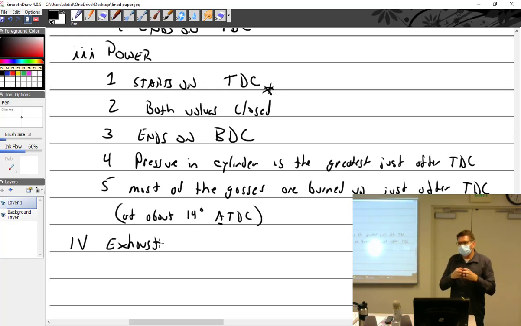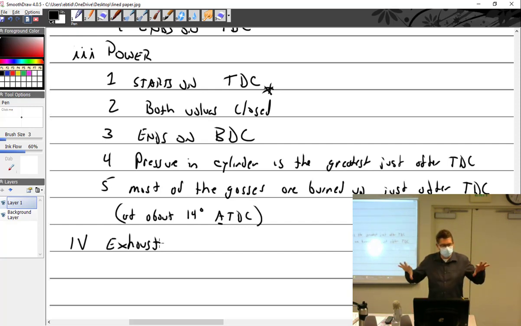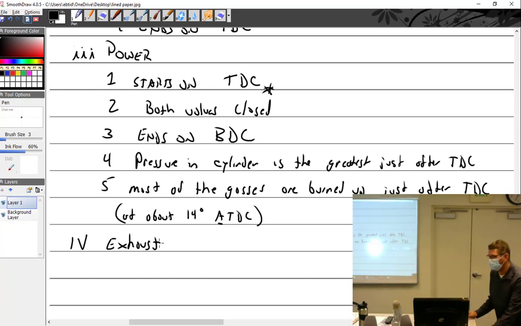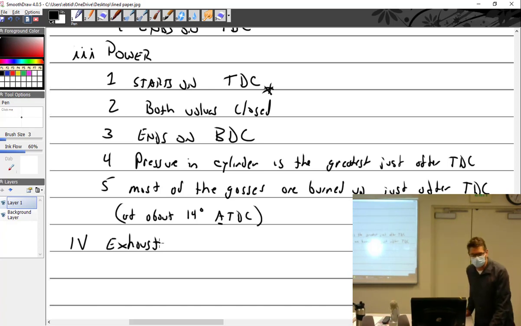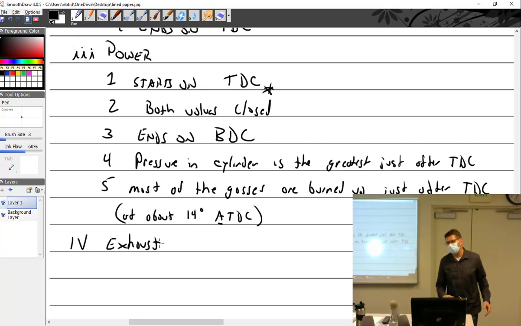It ignites while the piston is still coming up and compresses everything. It starts this flame front of burning. It's not an explosion by any means. If it is an explosion, something bad has happened and you are going to damage the engine and could have a catastrophic failure. It's an actual burning of expanding gases in a pressure wave that pushes on the piston. Much like if I had to move this table over there, I would want to come over here and push against it and start moving it. I would not want to take a sledgehammer and do it hit by hit, which is what happens if the fuel explodes.